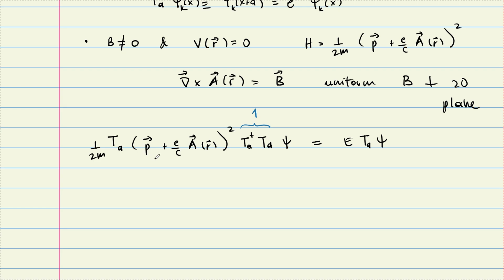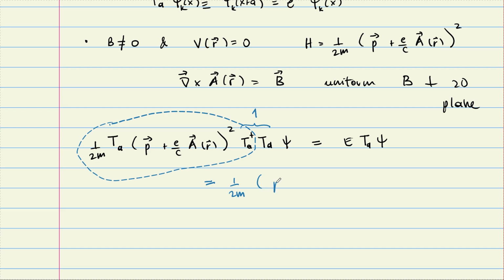So this piece is equal to 1 over 2m. We did an exercise like this; let me just write the result. If you don't know it, please sit down and try to convince yourself why this is the case.